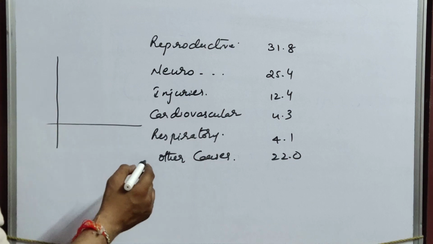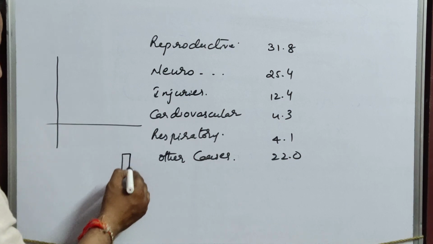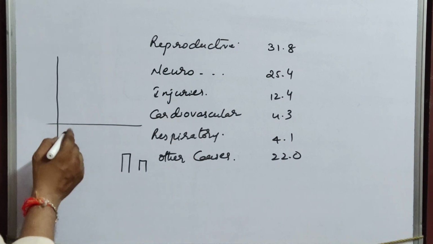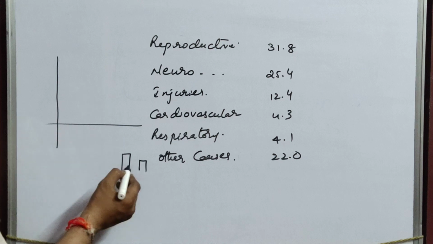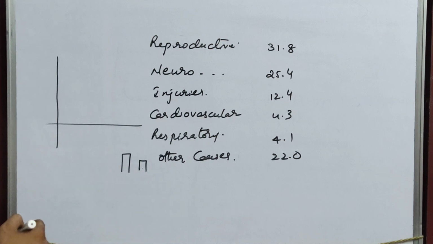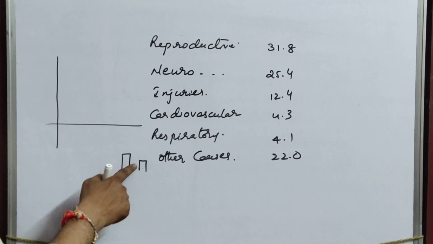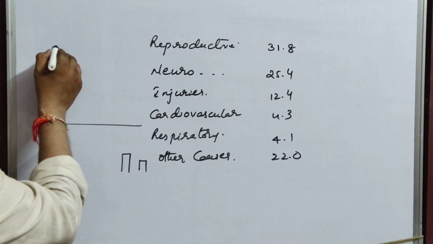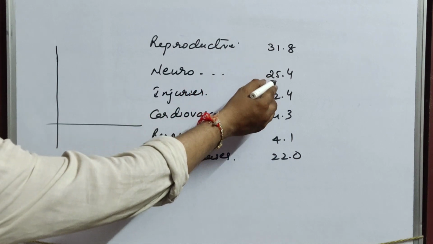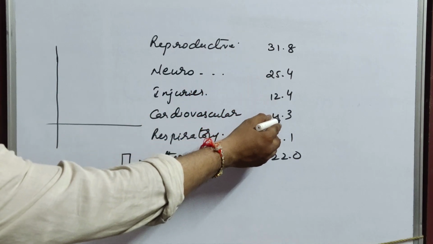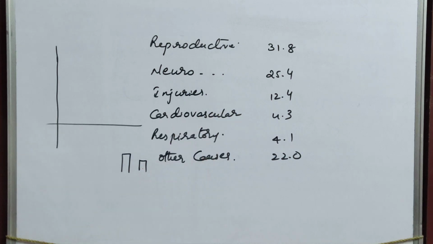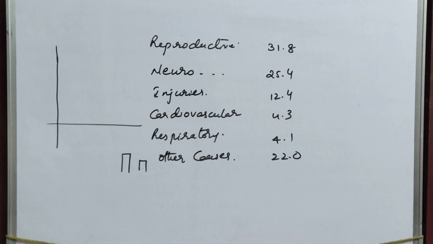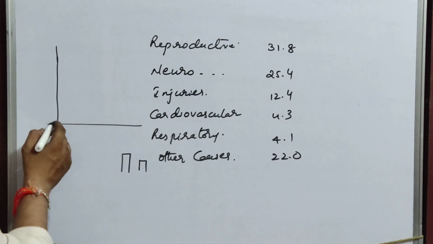The bar graph will come in rectangle shape, and you should maintain a gap between two rectangles. Here, if you observe, 31.8, 25.4, 12.4, 4.3, 4.1, 22.0. What is the highest here? 31.8.